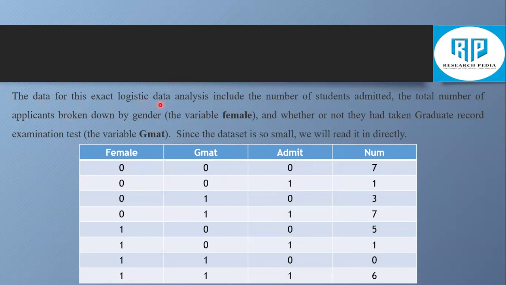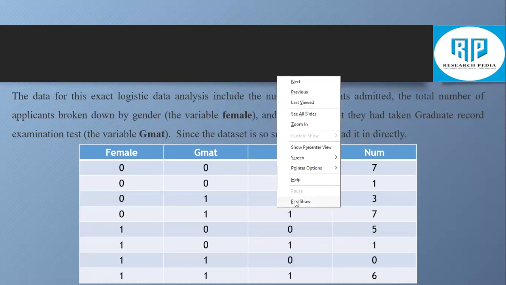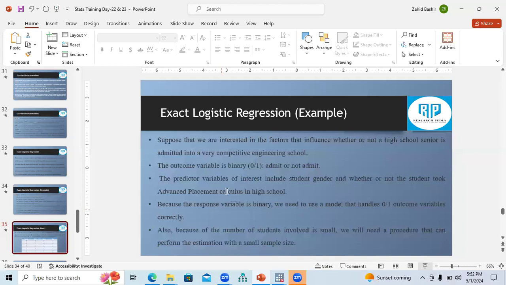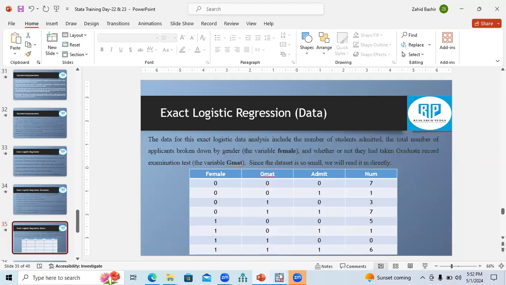The data for the exact logistic analysis include the number of students admitted and the total number of applicants broken down by gender and whether or not they have taken the test. Since the data set is so small, we will read it directly.